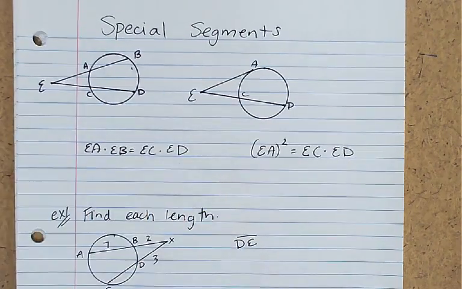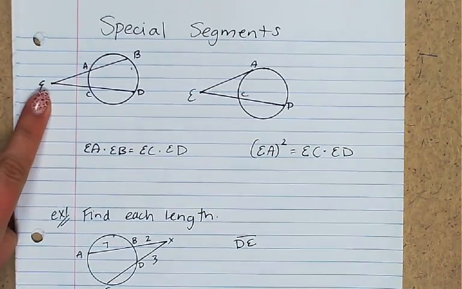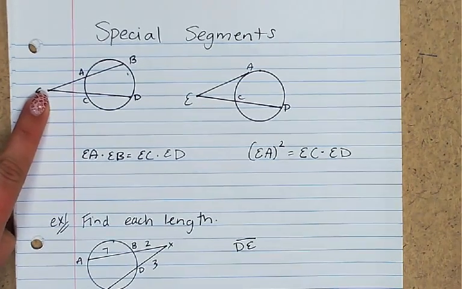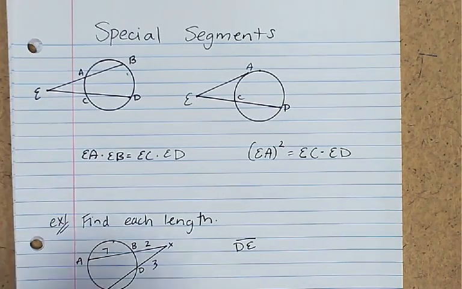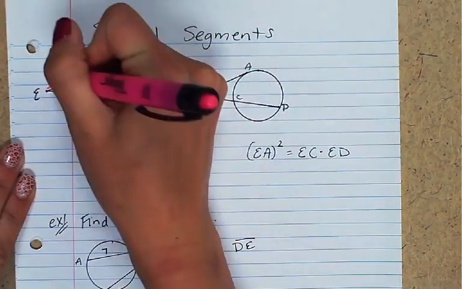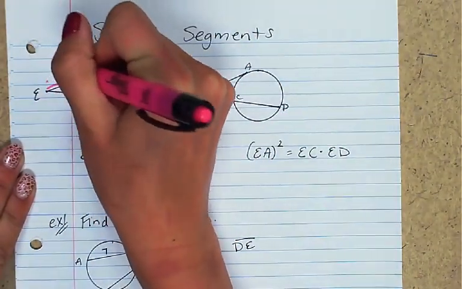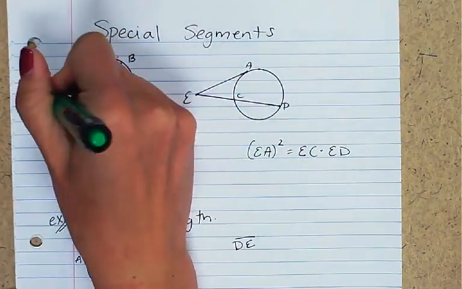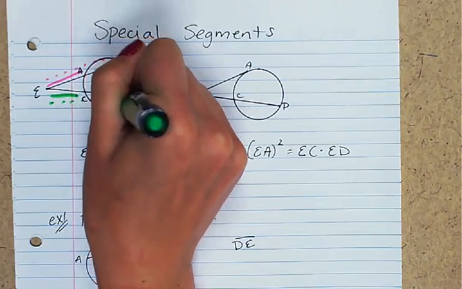So these first two that I'm going to talk about, again, we're paying attention to where the vertex is. If the vertex is outside of the circle, the way that I think of it is you do outside times the whole thing equals outside times the whole thing.